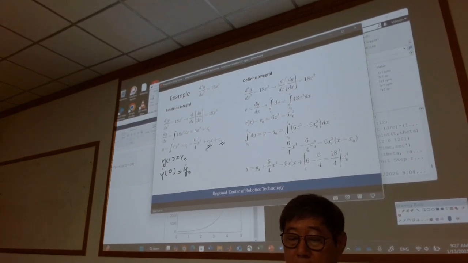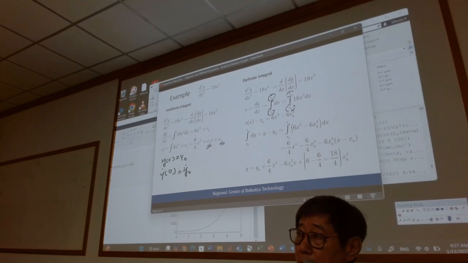In that case you can solve for C1 and C2. If you want to change this, you can put boundary conditions as well. Okay.